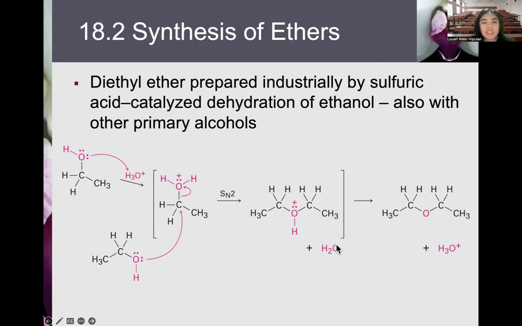And in synthesizing ether, it's prepared by sulfuric acid catalyzed dehydration of ethanol. So you need to have ethanol first before you can synthesize an ether. You need to use this dehydration process because you need to remove water.